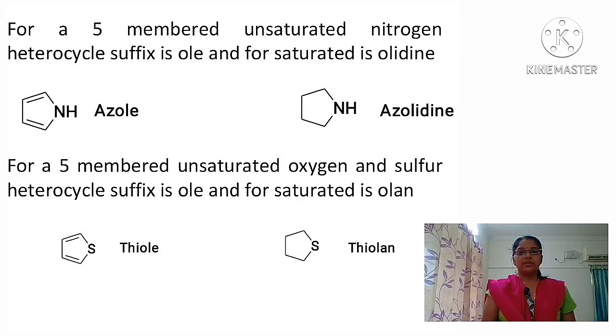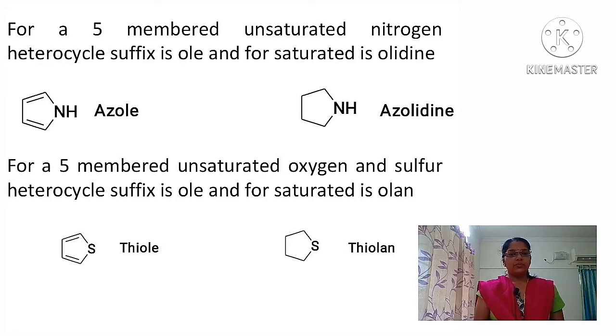Similarly, for a 5-membered oxygen and sulfur containing heterocyclic compound, it can be saturated as well as unsaturated. If it is an oxygen and sulfur containing unsaturated monoheterocyclic compound, the suffix should be ole. And for an oxygen and sulfur 5-membered saturated heterocyclic compound, the suffix should be olane.